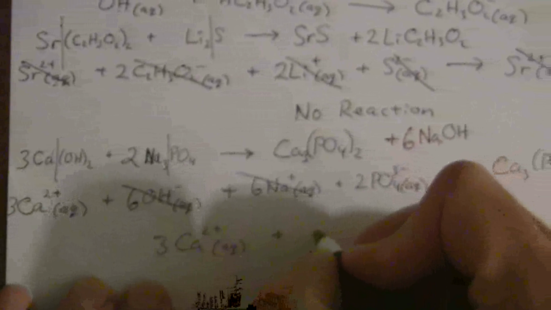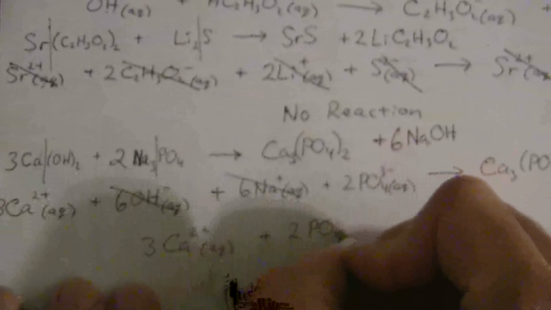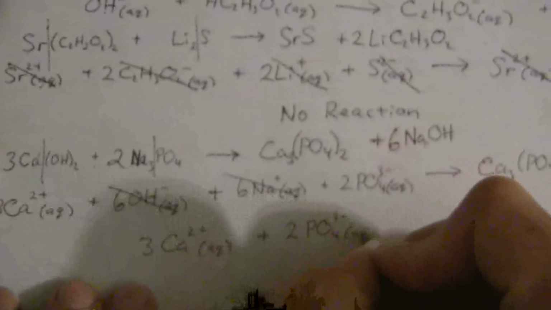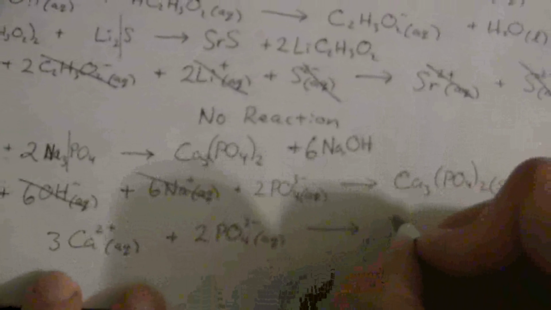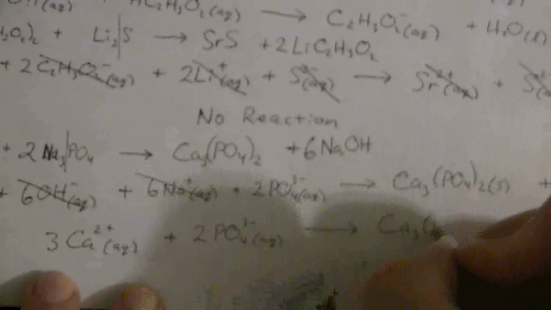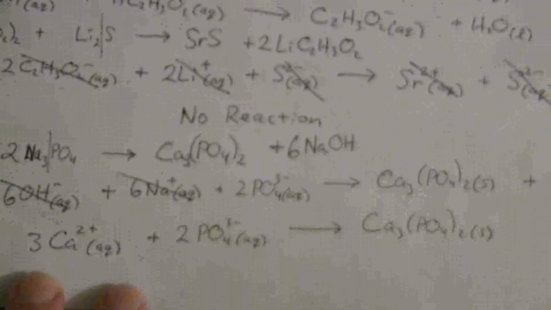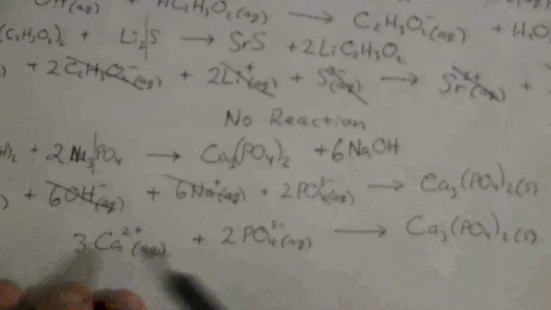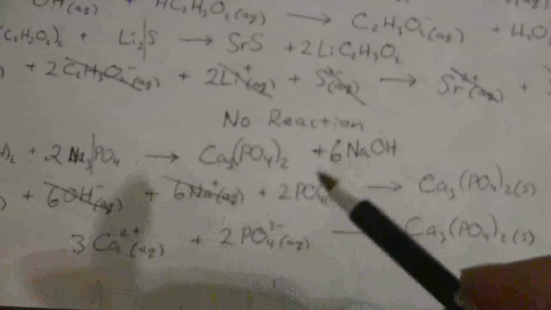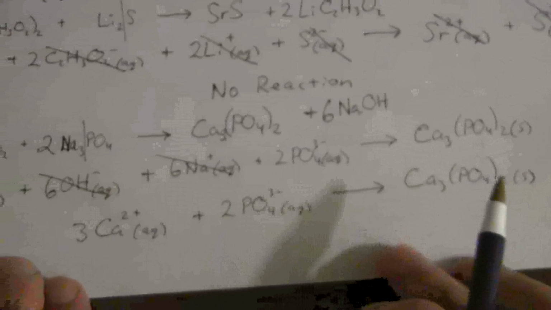They will join up with 2 phosphate ions that came from my sodium phosphate, and it will produce the calcium phosphate solid. Right? There is the net ionic equation telling you just specifically what is happening in that reaction, not looking at the other spectator ions.